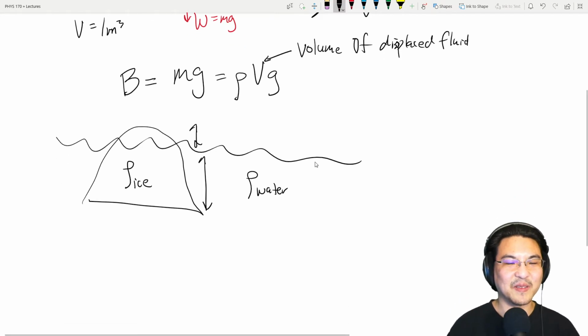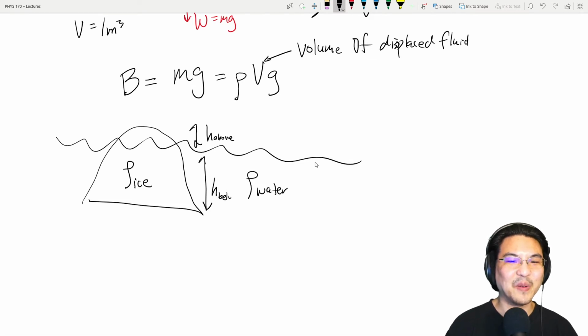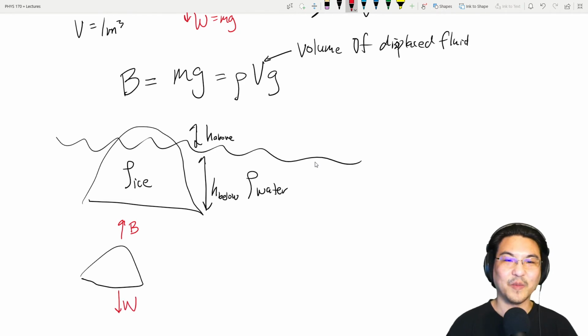And then I'll just call this height above and height below. So what does the free body diagram look like? Here's your block of ice, your iceberg, there's a force upwards, which is the buoyant force, downwards, which is the weight, and then that's it.